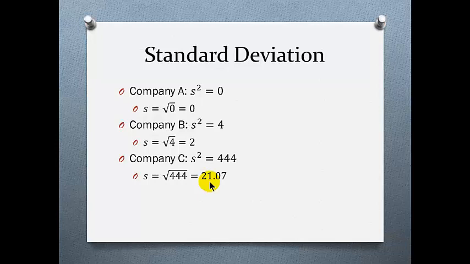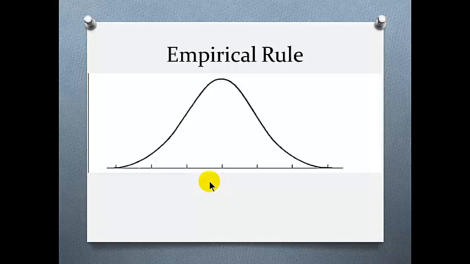Now, standard deviations we use a lot to talk about how far away from the mean a certain value is. And one reason for that is we have this thing called the empirical rule. Now, a little context here. This guy is called the bell curve. The bell curve says that if we've got the mean right here in the middle, and we make a histogram for a bazillion data values, we're going to have a lot more frequency close to the mean.